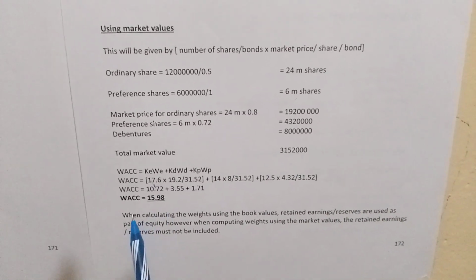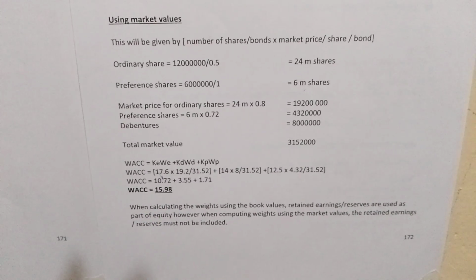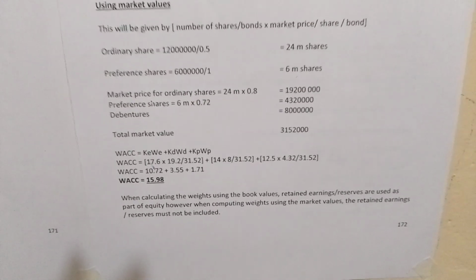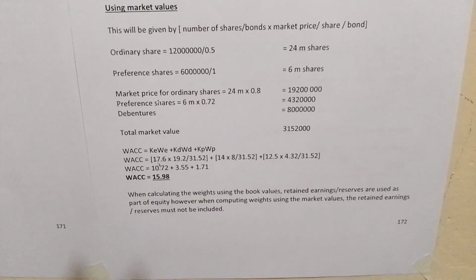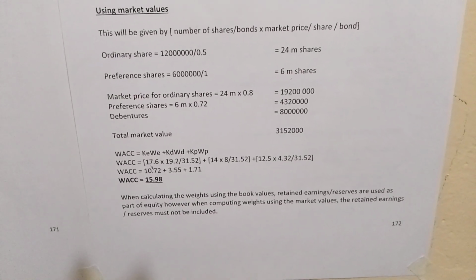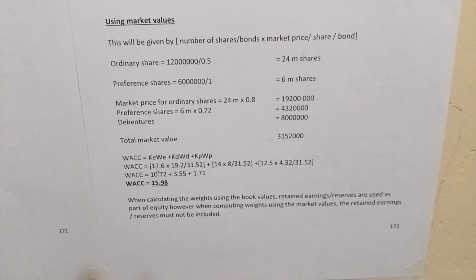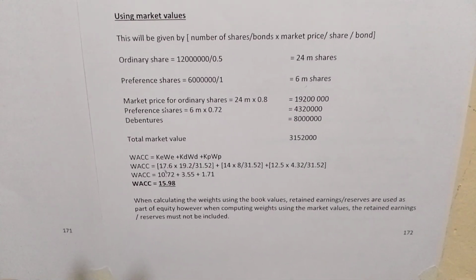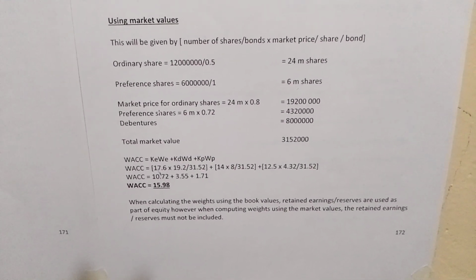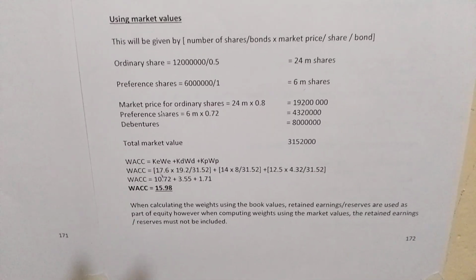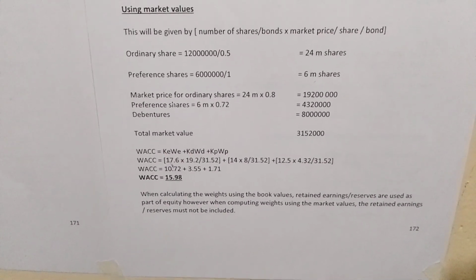Note here, when calculating the weights using the book values, retained earnings, also known as reserves, are used as part of equity. That is when using book values. However, when computing weights using the market values, the retained earnings or reserves must not be included.